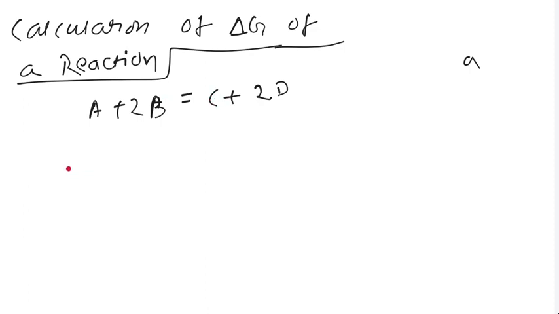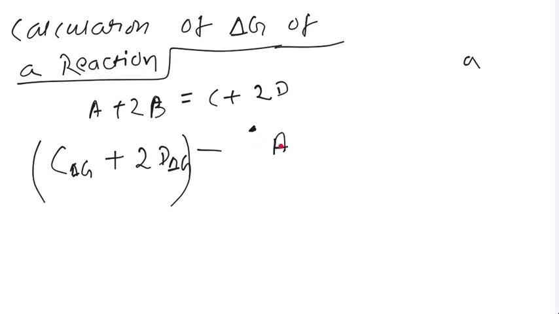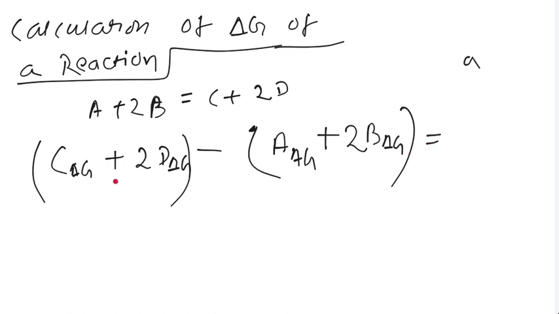So free energy of C delta G plus 2 into D delta G minus the reactants.